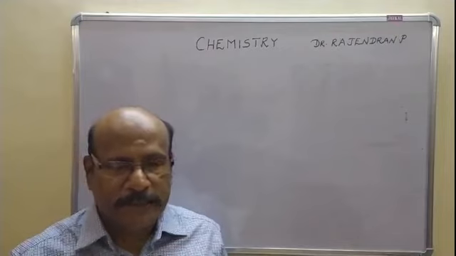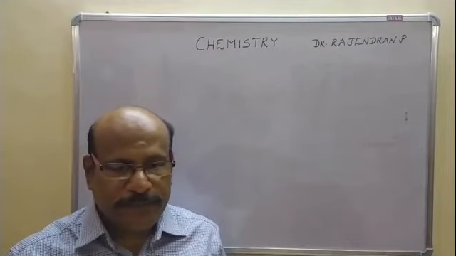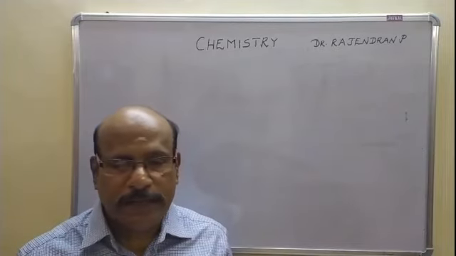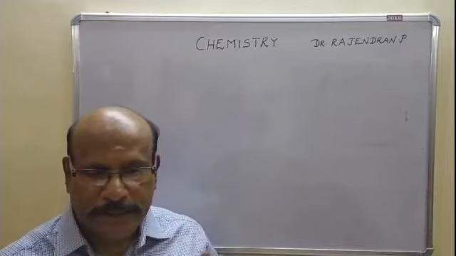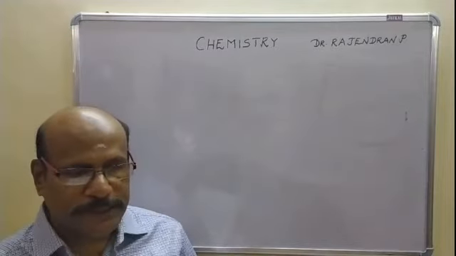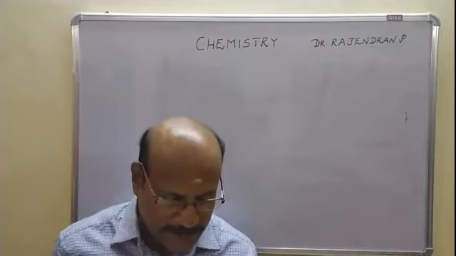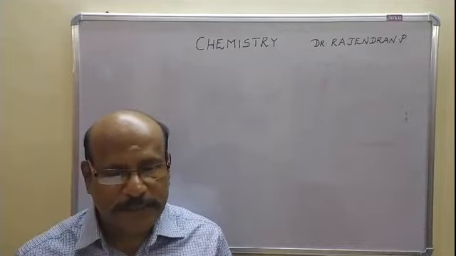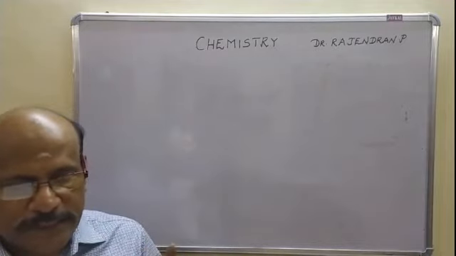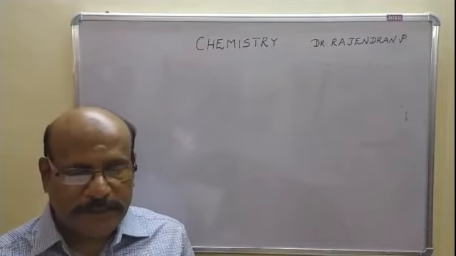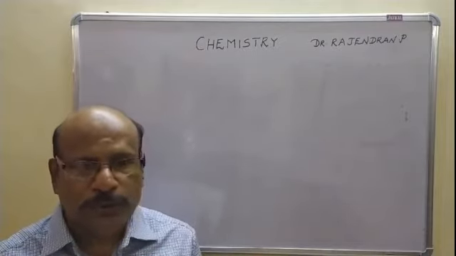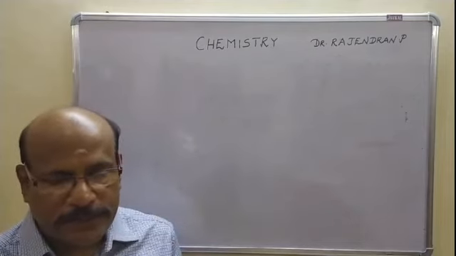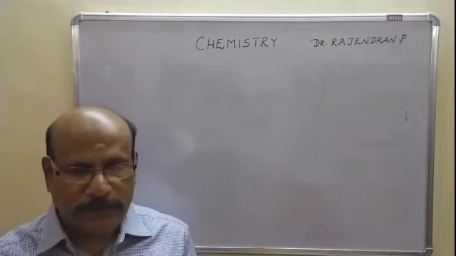From the variation, we can classify electrolytes into two categories, strong and weak electrolytes, depending on the nature of the variation of molar conductivity with dilution or concentration. Because the conductance varies in two different fashions with dilution, it is possible for us to classify electrolytes into two different categories: strong electrolytes and weak electrolytes.